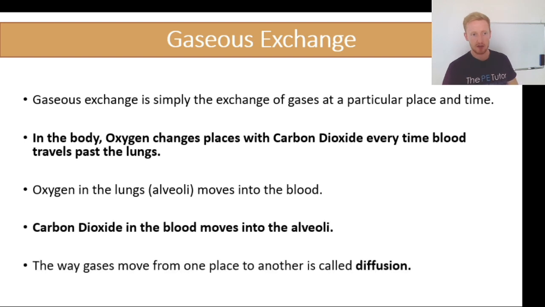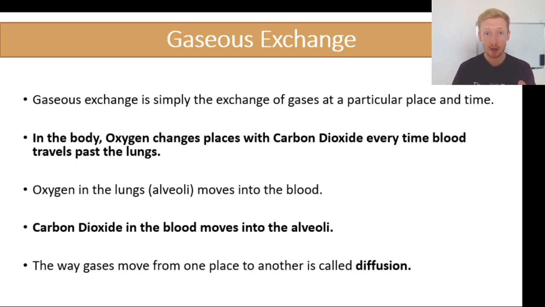So gas exchange, put simply, is an exchange of gases at a particular place at a particular time. Today we're going to be looking at gas exchange in the alveoli, but it also occurs at the muscle mass. That's content for another time. Gas exchange is where two different gases switch places at a certain place and a certain time.